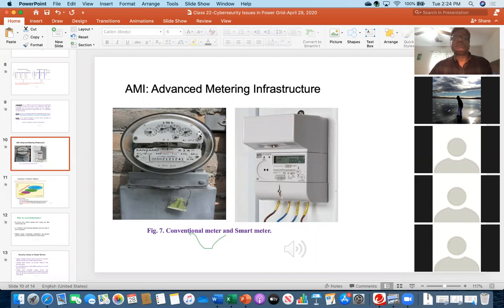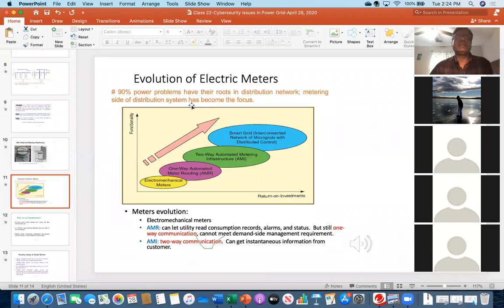Now, why is it needed, or what is the evolution from the conventional meter to the smart meter? In the next slide, I have shown the evolution of electric meters and why this is important. You know that 90% of power problems have their root cause in the distribution network. As customers, we are all connected to the distribution power grid.